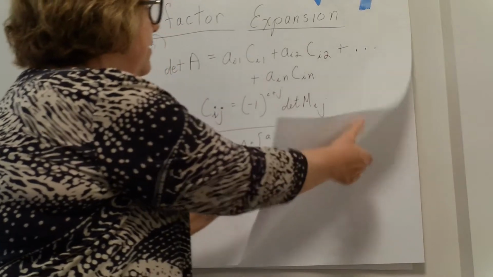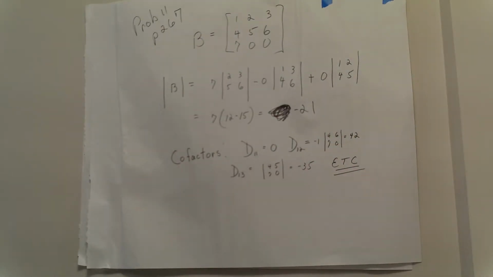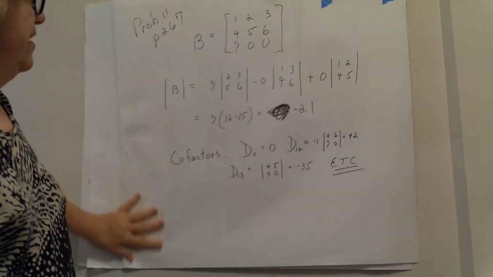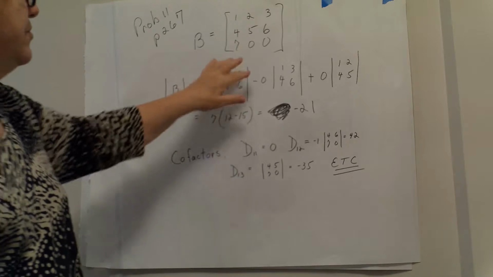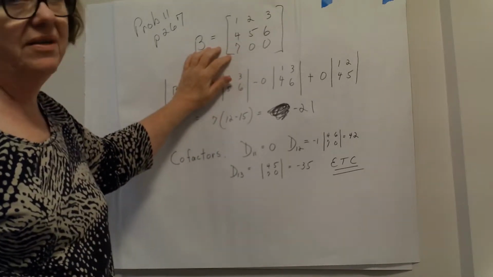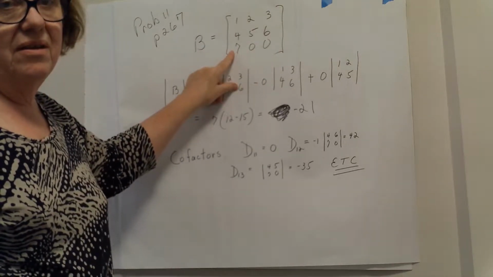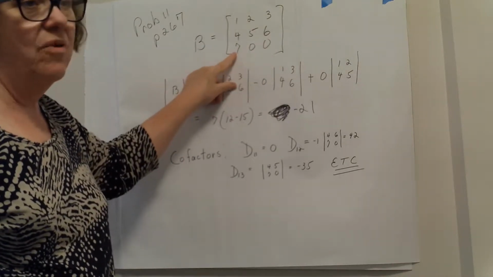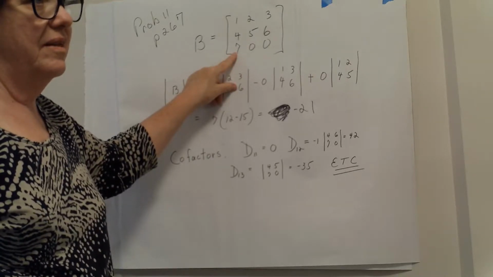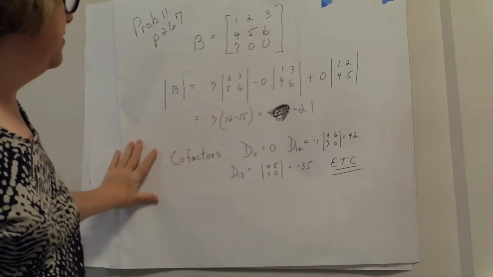Now, one more example. This is problem 11, page 261, continued. He says, here's the matrix B. Find its determinant. Well, this one is easy because we've got a row that has 2 zeros, only one non-zero element. Oh, that's good. So we can use this row to build the cofactor expansion.